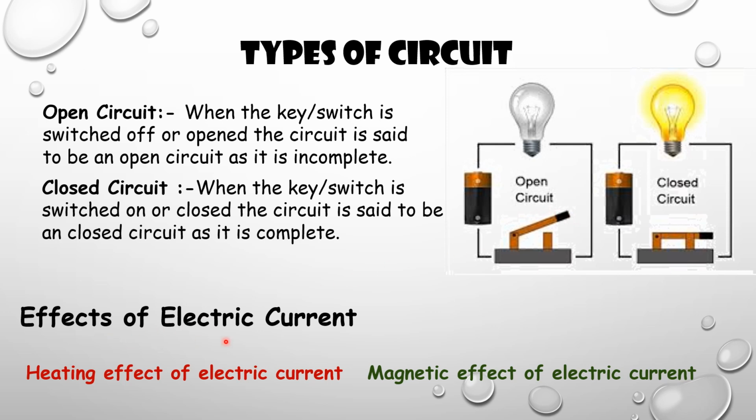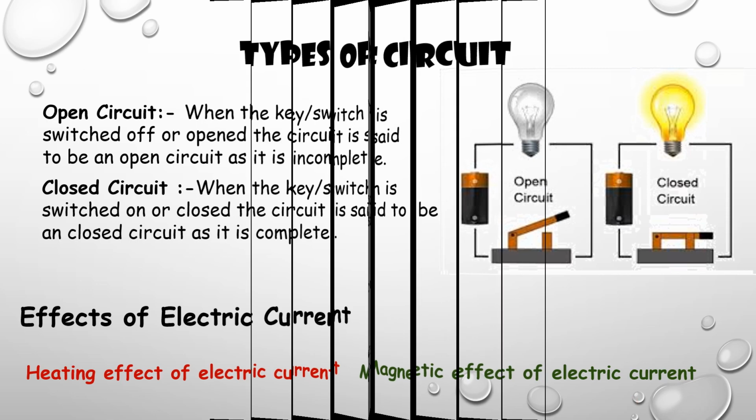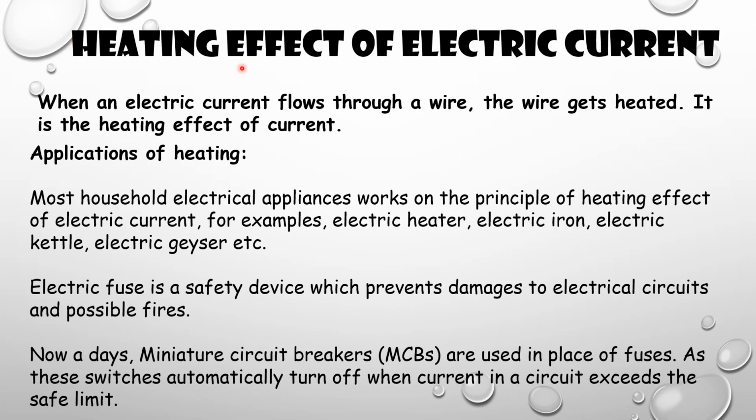Next, effects of electric current. So in this chapter we studied two effects of electric current: heating effect of electric current and magnetic effect of electric current. So we will see each one in detail. Heating effect of electric current.